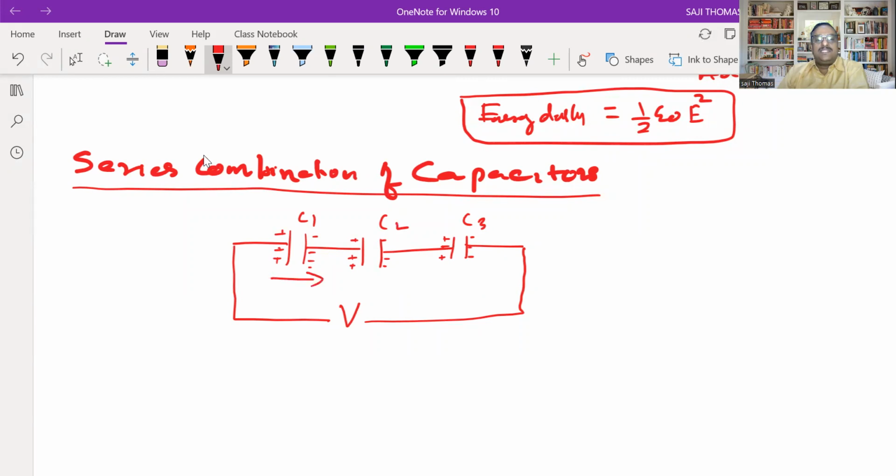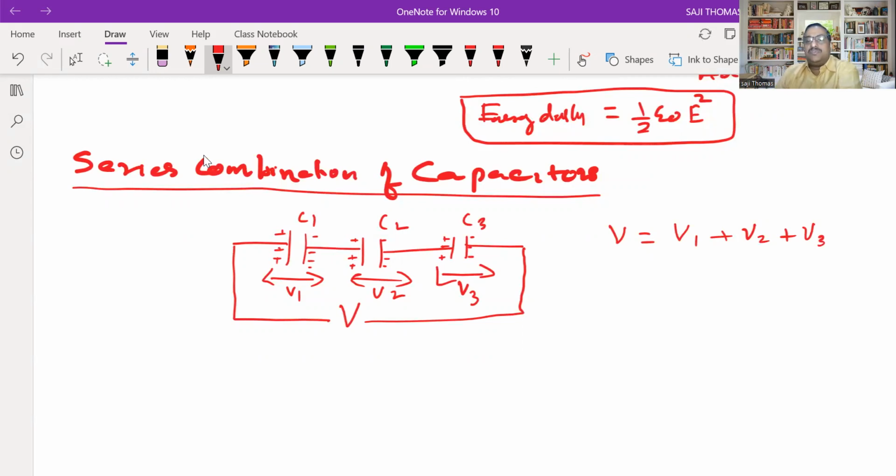Potential across C1 will be V1, C2 will be V2, C3 will be V3. Total potential V is divided, so the total potential will be equal to V1 plus V2 plus V3.